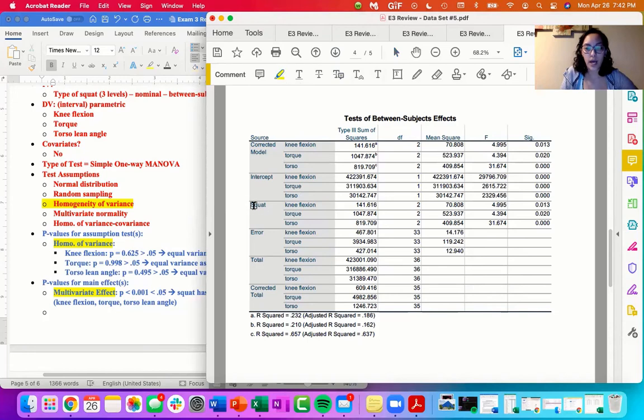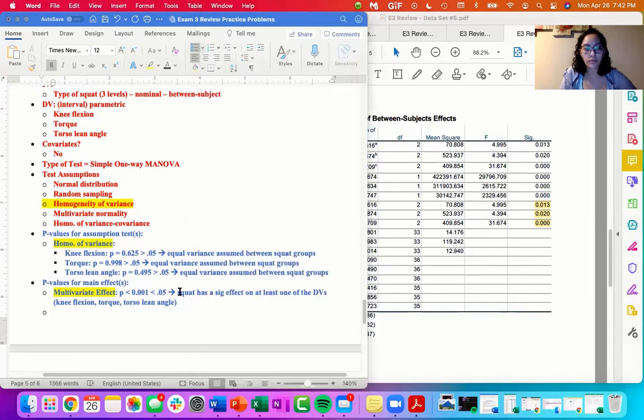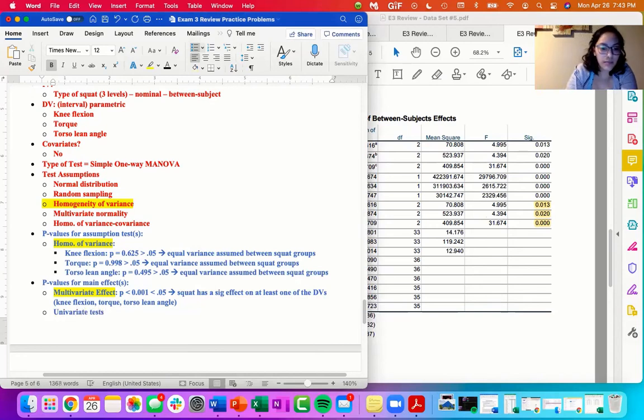It says squat, and then these are the respective p-values here, here, and here for each of these dependent variables. So I'm going to label this as univariate tests, or maybe univariate effects.